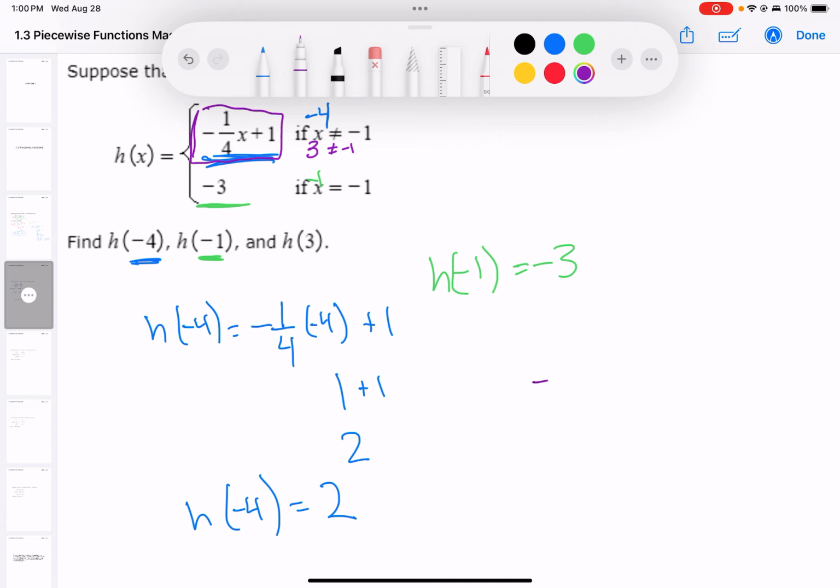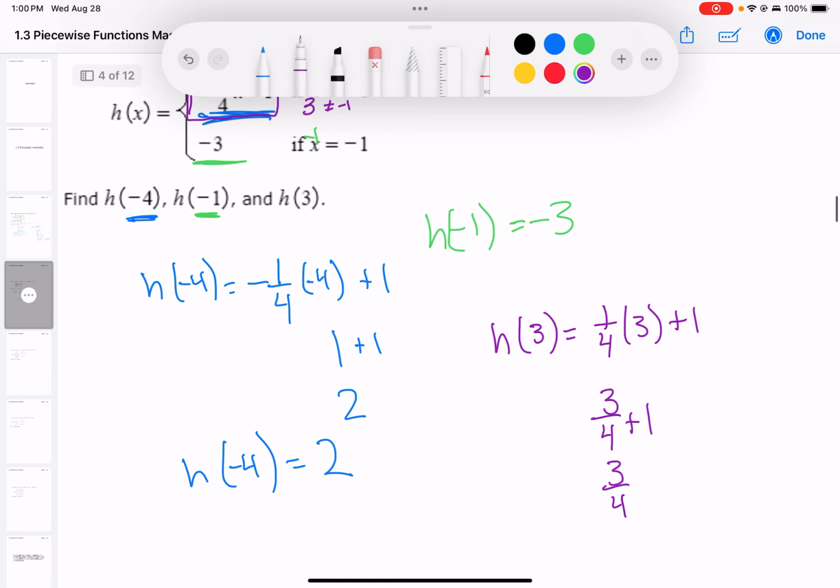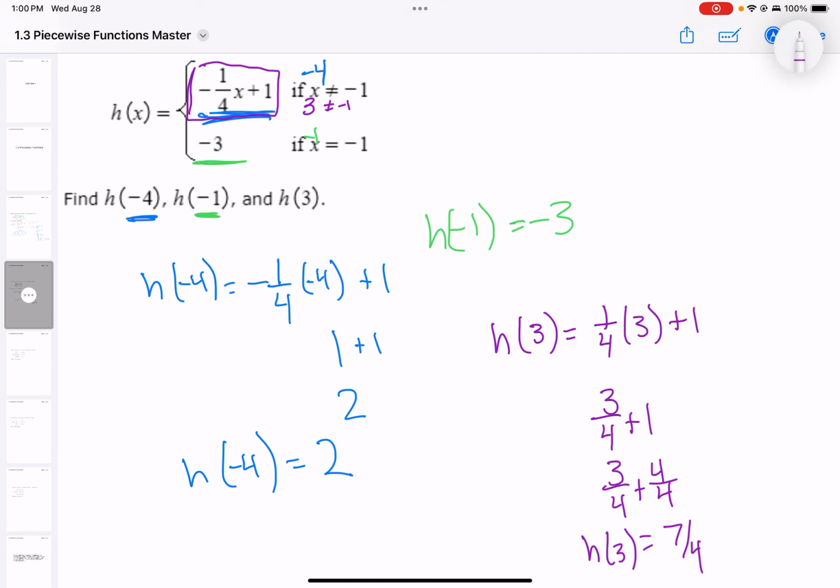So h of 3 is equal to 1/4 times 3 plus 1. And that's going to give me 3/4 plus 1. So 3/4 plus 4/4 is equal to 7/4. So h of 3. There we go. That's how we do that one.